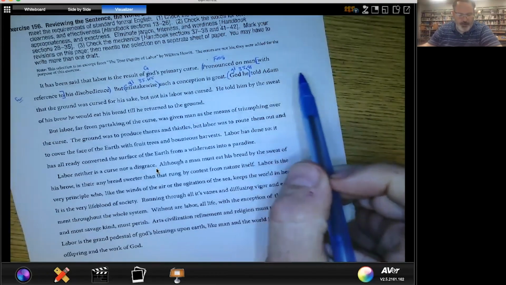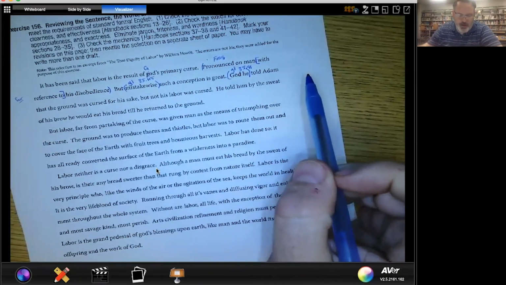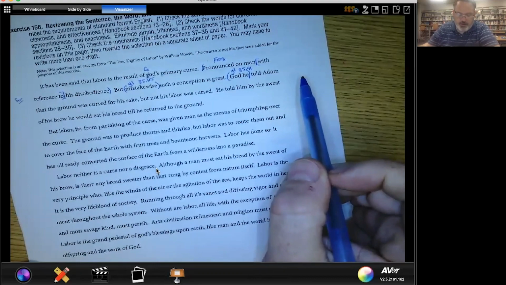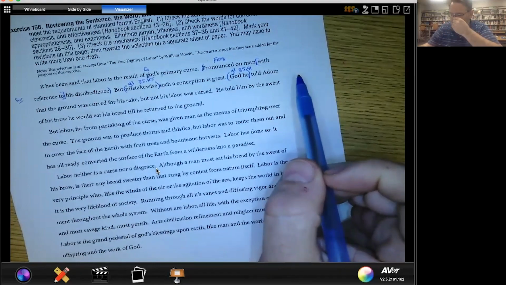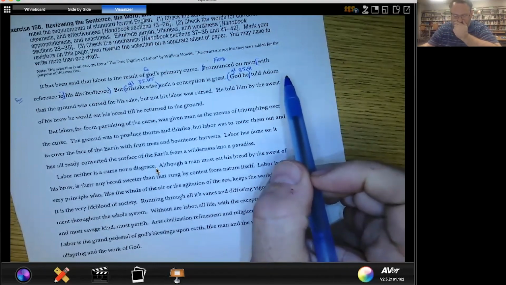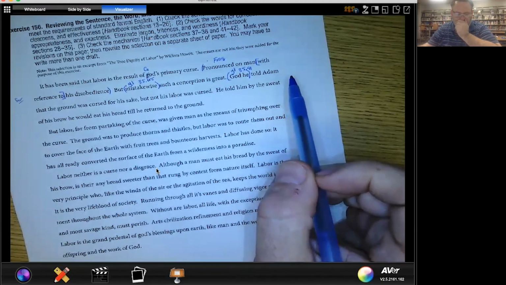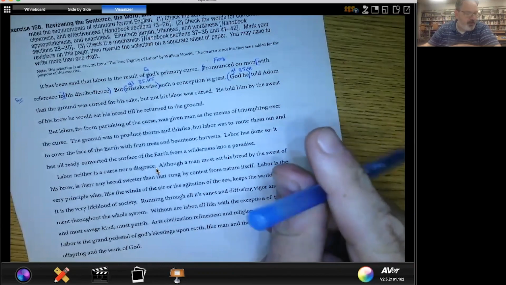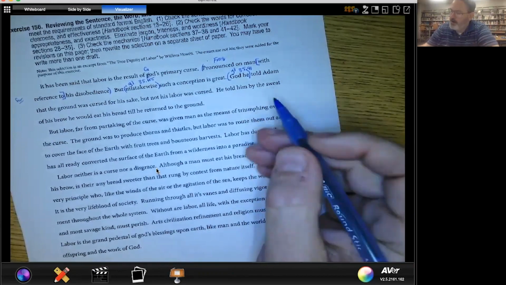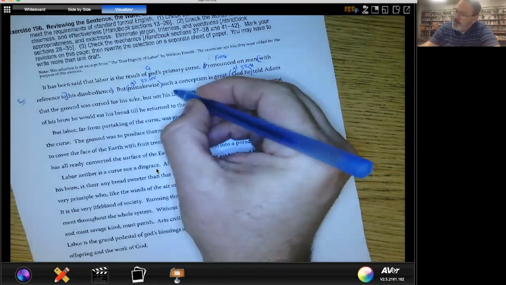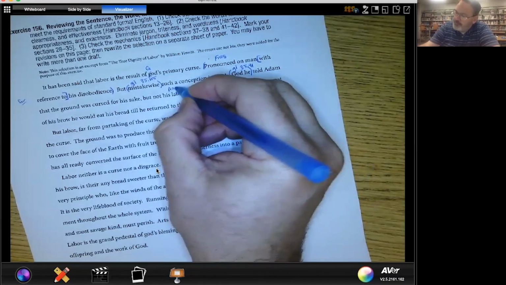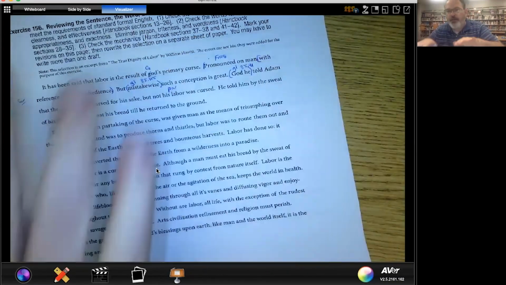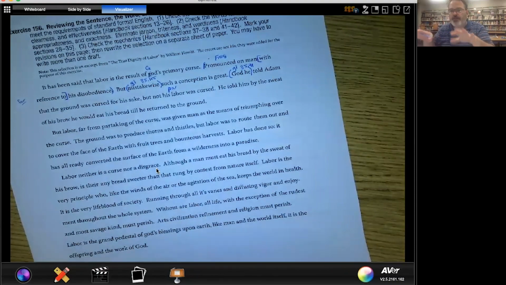He told Adam that the ground was cursed for his sake, but not his labor was cursed. It says PAR. Oh, I was thinking that meant paragraph, but no, parallel. Okay, let's look at that. Remember, phrases have to be in parallel. If there's two phrases that are similar, one following the other, they have to be formed the same way.